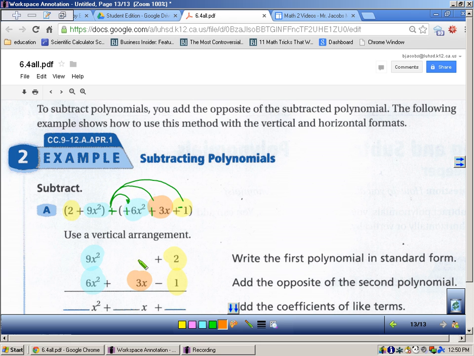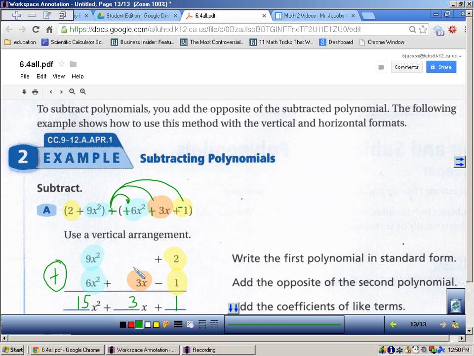There is no other x term in the first polynomial, so we leave it blank there, and that's what this space represents. So we're vertically aligned. Now let's add the coefficients. So 9 plus, I always use the plus sign with the circle around it, 9 plus 6 is 15x squared. 3x plus nothing, or 0, is 3x. And positive 2 plus negative 1 is 1.